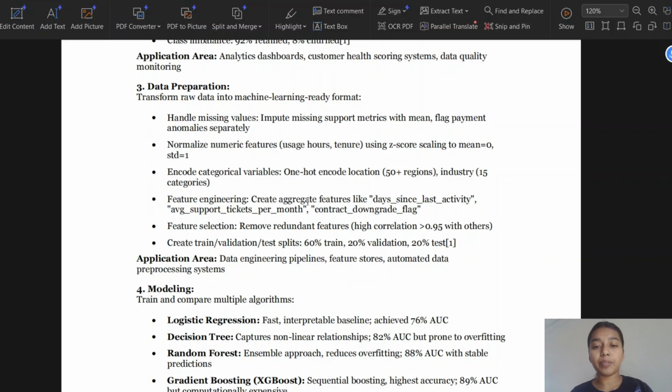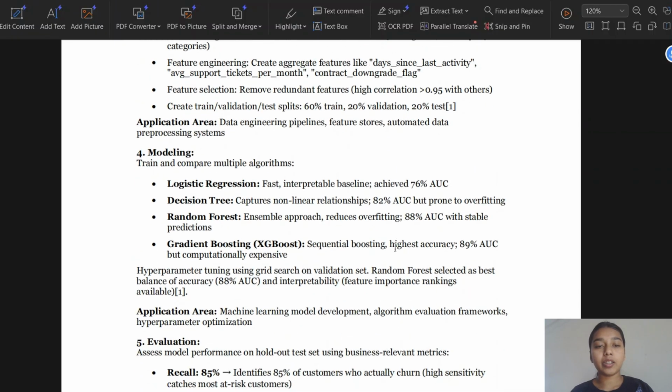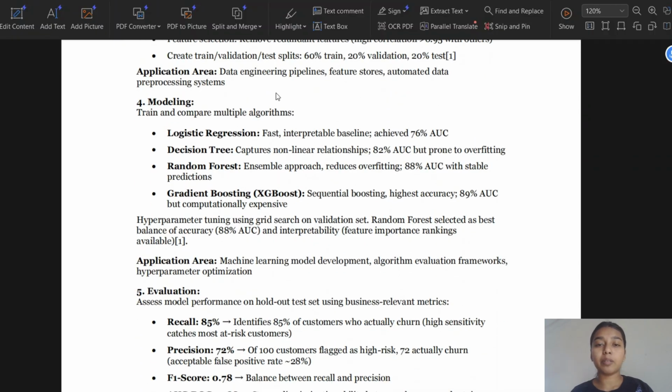Create aggregated features like days since last activity, average support tickets per month, contract downgrade flag. Fifth, feature selection. Last, create a train validation test split: 60% train, 20% validation, 20% test. Application areas would be data engineering pipelines, feature stores, automated data pre-processing systems.